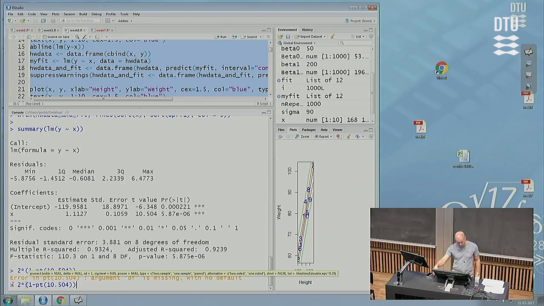Yeah, that's a classical error to make. Let's see what R tells me. Actually, sometimes it's good to read what R is telling you when you make an error. Argument df is missing. Of course, this is not a normal. I should give the df. What's the df? 8. I could actually also find it here. 10 minus 2.